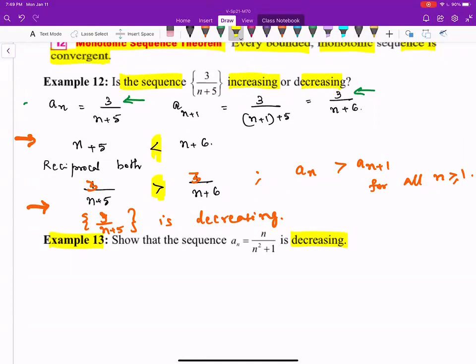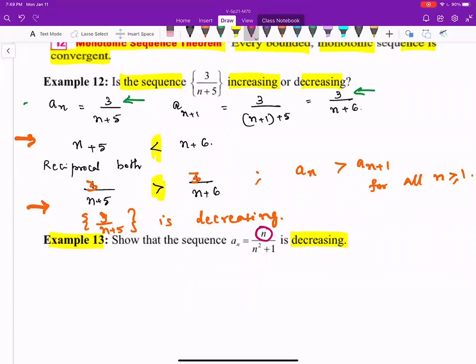The inequality is not going to be altered. But here, the numerator being n makes a whole difference. You cannot multiply one quantity by n, the other quantity by n plus 1, and make a comparison.